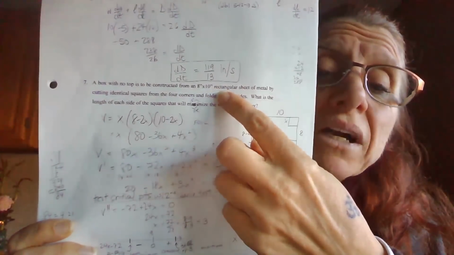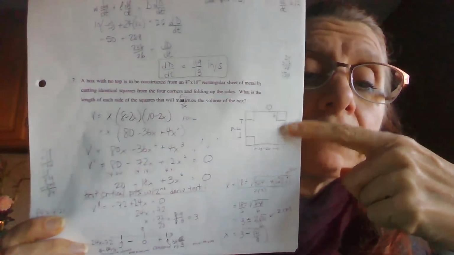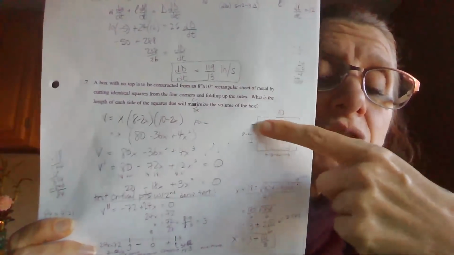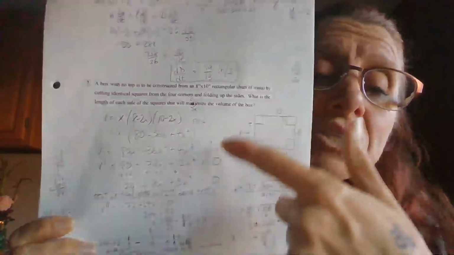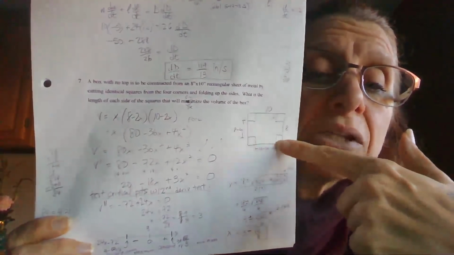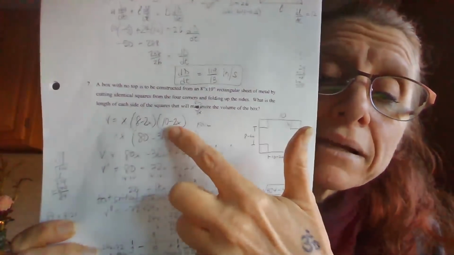If you start with 8 by 10, and I gave you this one just to give you an example, doing a rectangle, then if you're doing 8 and you're subtracting off X and you're subtracting off X, then the side of your box is 8 minus 2X. Same thing here. This piece from here to here is 10 minus 2X.